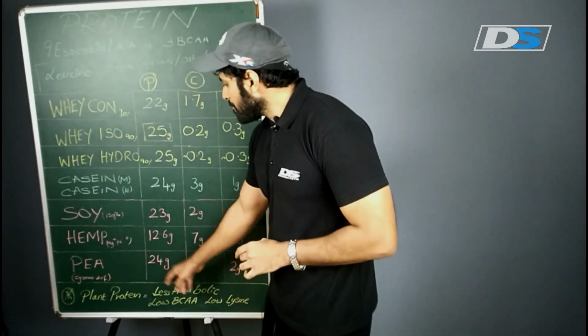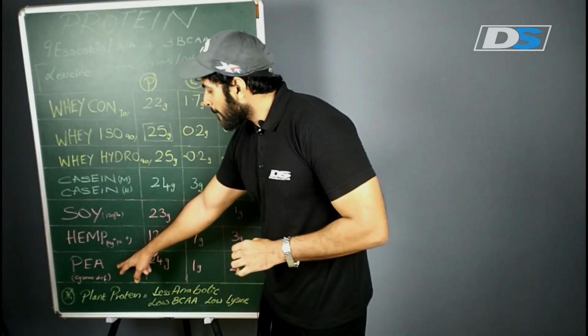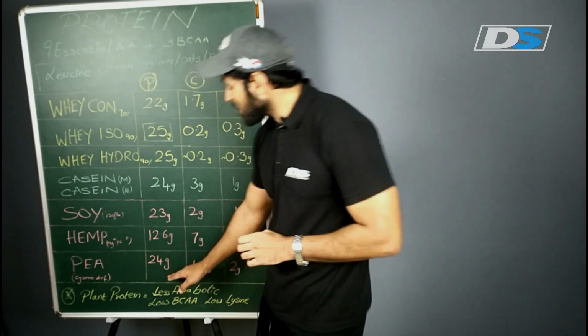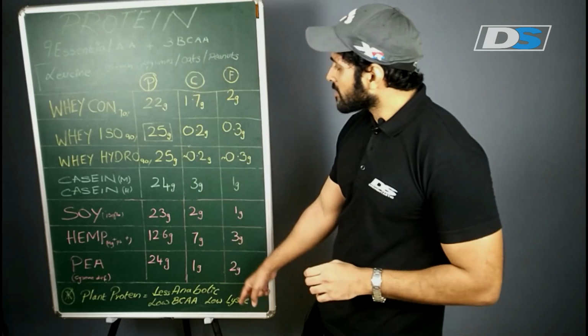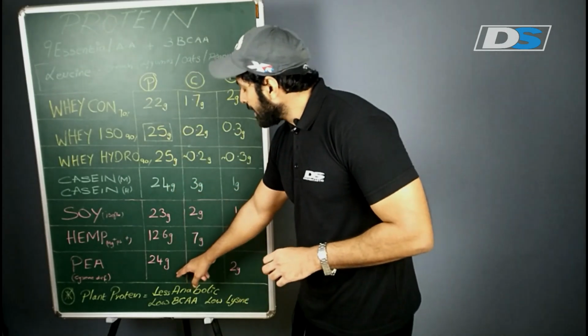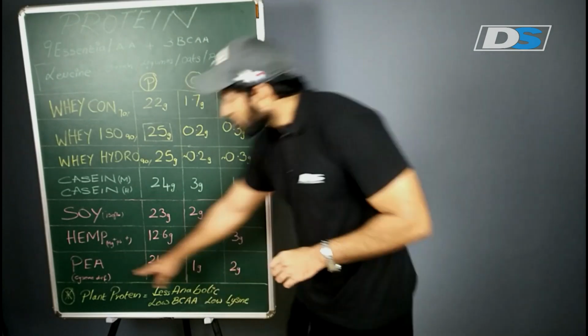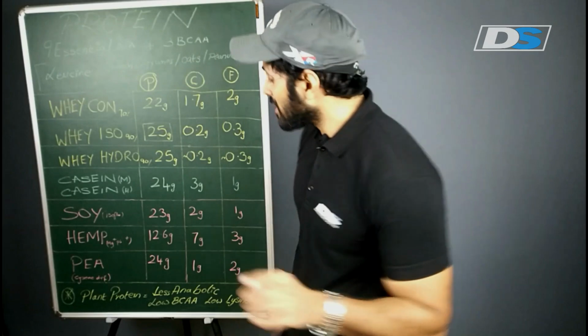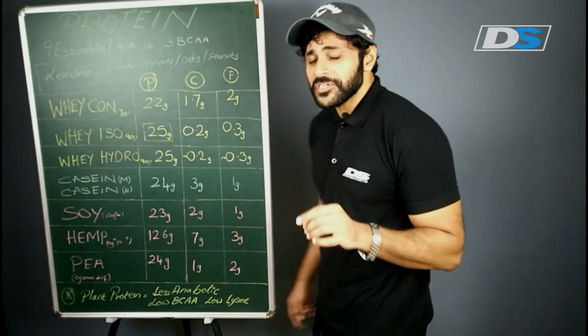Finally, pea protein. Pea protein is important because it is the only source of vegetarian protein which packs in 24 grams. Highest on the list, highest compared to casein and all the other things. See, it has the highest in the plant range. But the only problem here is it has cysteine deficiency, something called cysteine. It's an amino acid that is deficient.